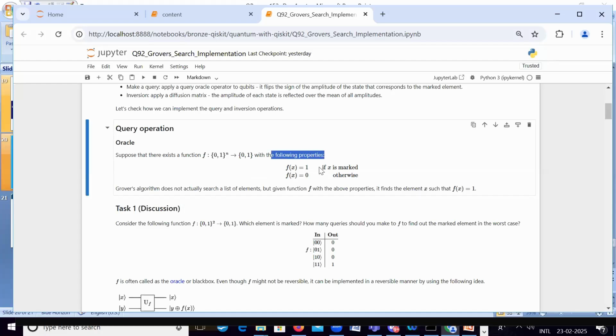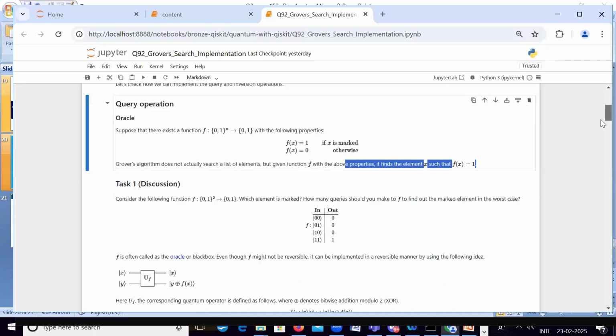We already discussed this property earlier: f(x) is equal to 1 if x is marked, and there are two more conditions. f(x) is equal to 0 otherwise. More generally, it finds the element x that satisfies f(x) equal to 1. Now the first task for discussion.